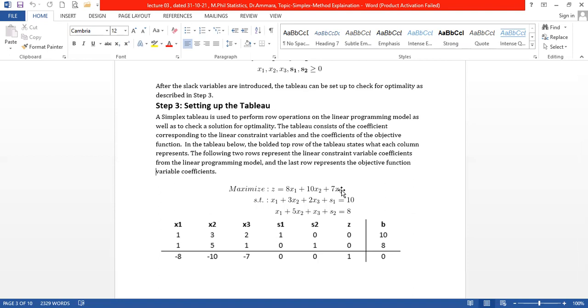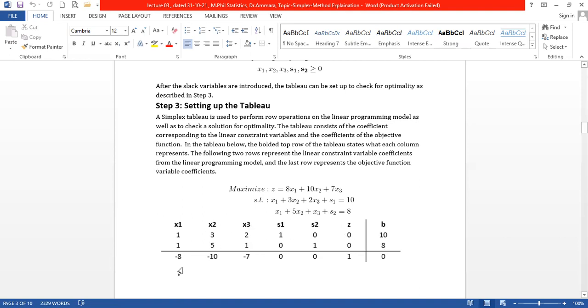From the equations which are given to us, we will construct a table: x1, x2, x3, then S1, S2, then our maximization objective function and then the constants of the equality. And this -8, -10, -7 is the maximization objective function.